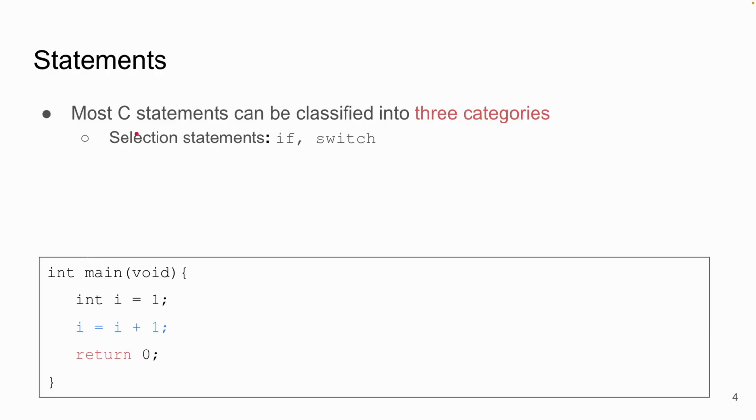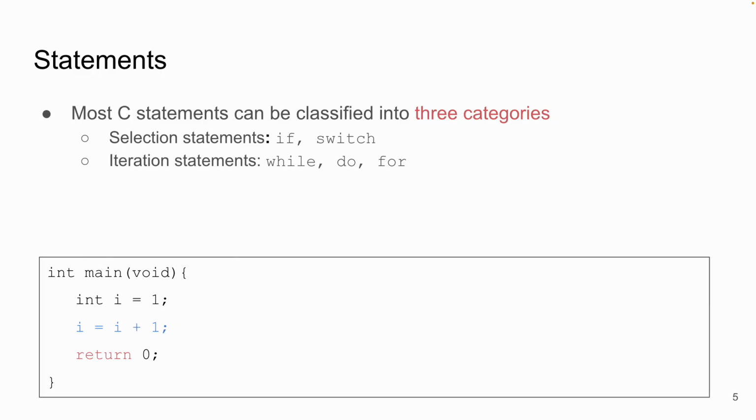So actually, most C statements can be classified into three categories. The first category is the selection statement. That is the statement we're going to introduce today. In the selection statement, you will see two types of statements, that is the if statement and the switch statement.